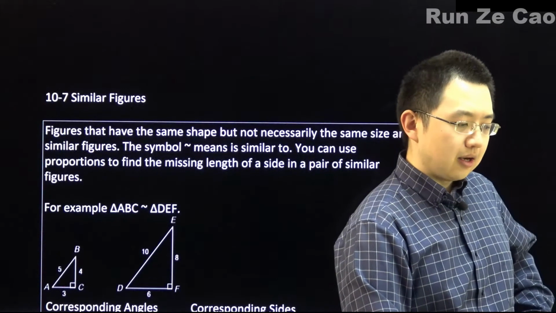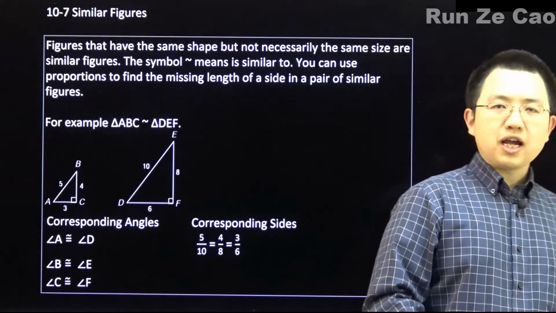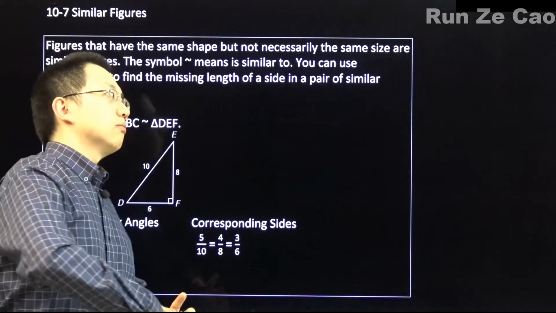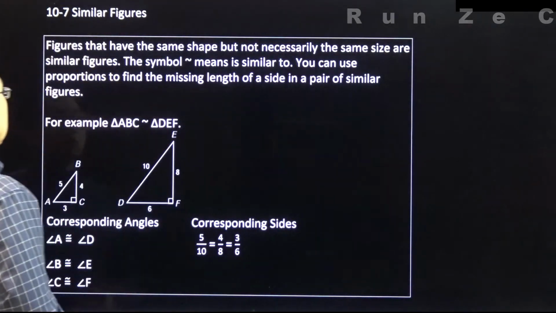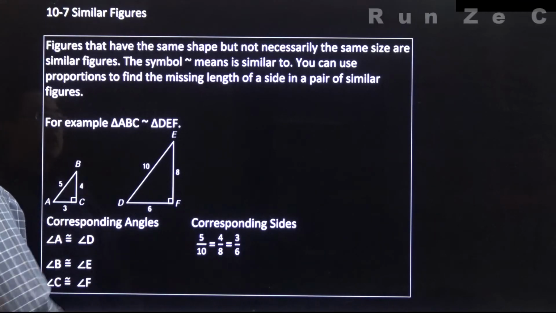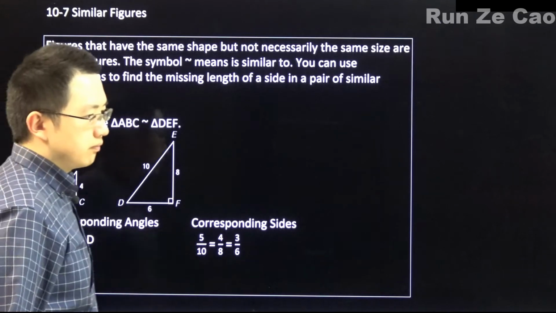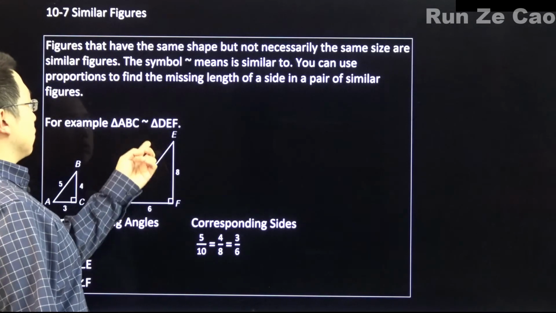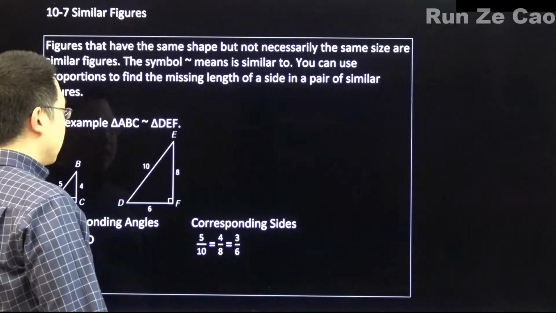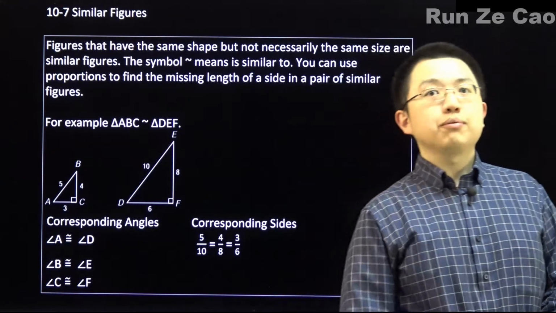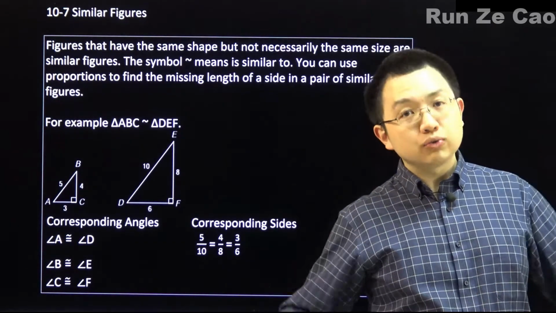So let's consider what happens if you have the same shape but stretch it to be bigger or compress it to be smaller. This symbol means is similar to. So if you have triangle ABC is similar to triangle DEF, that tells us that all the angles match up, or they correspond to each other.